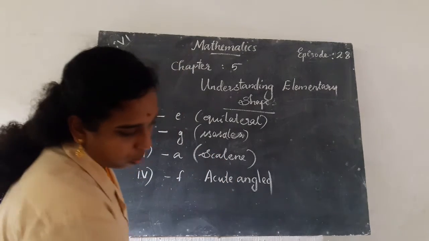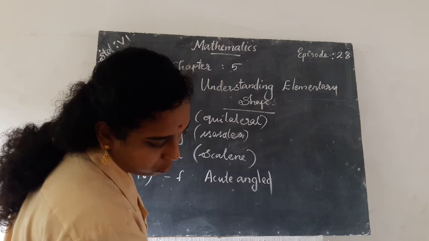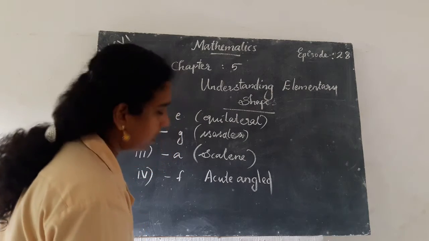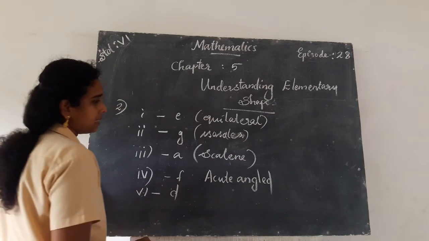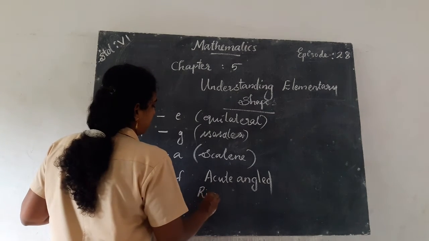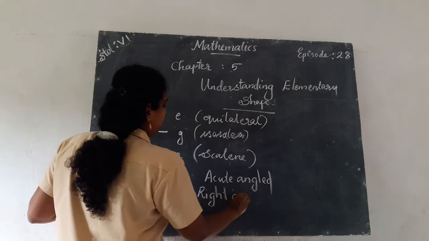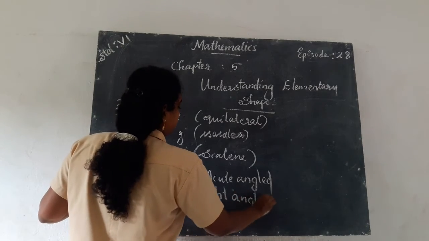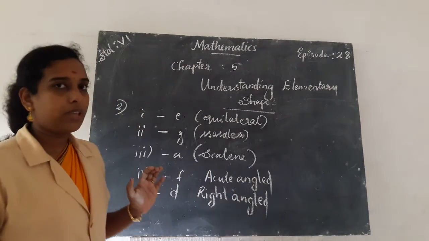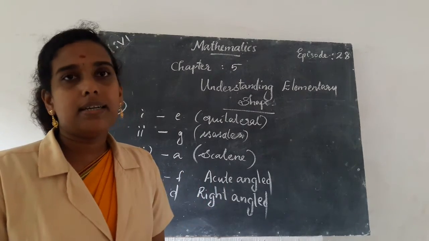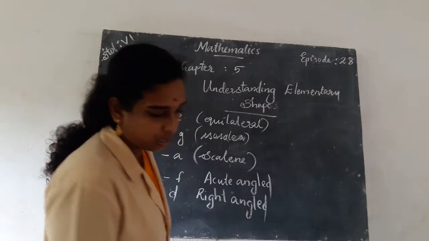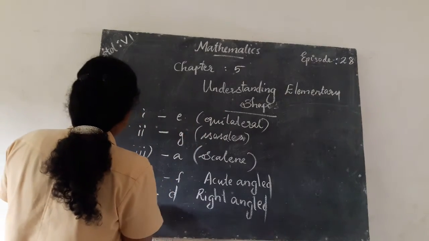So the fifth one is matched with option D, that is right angled triangle.